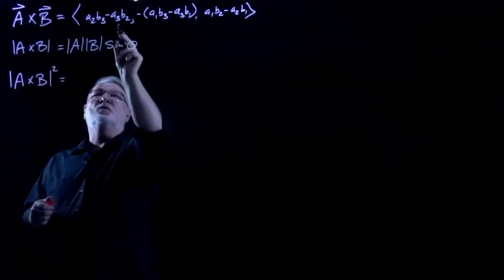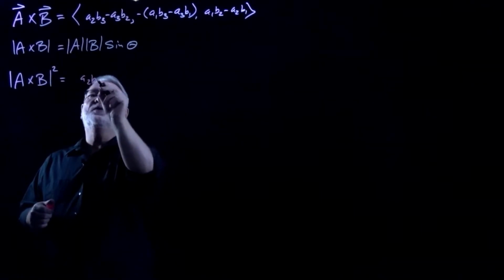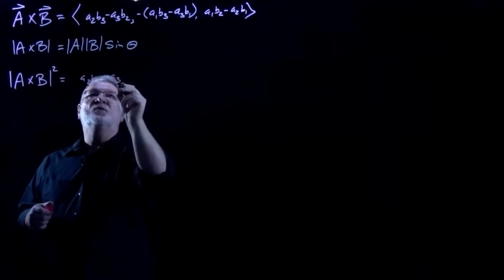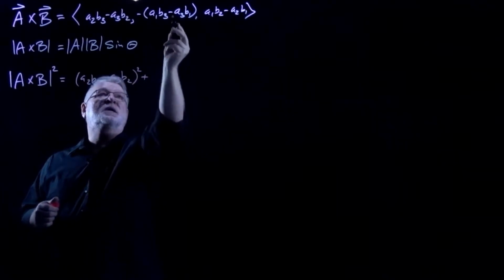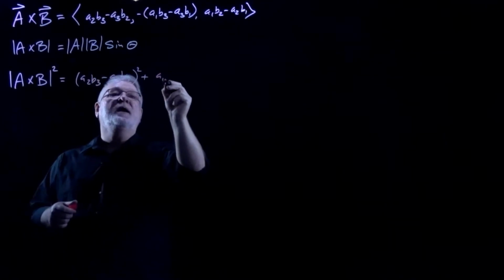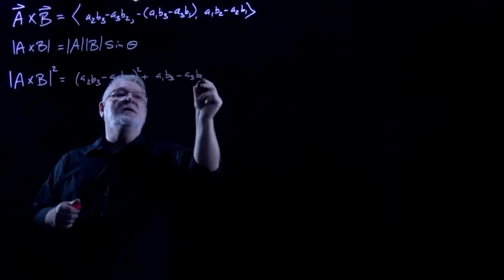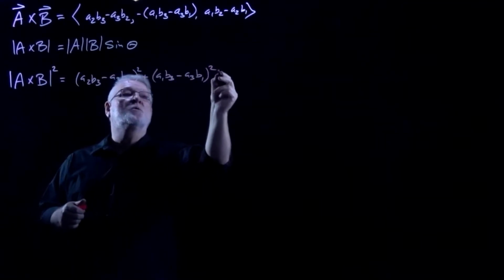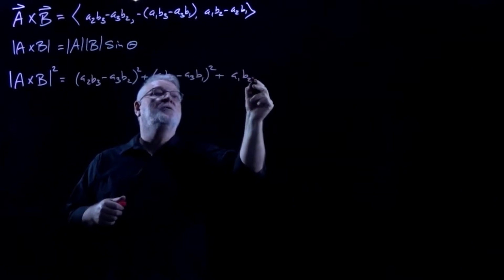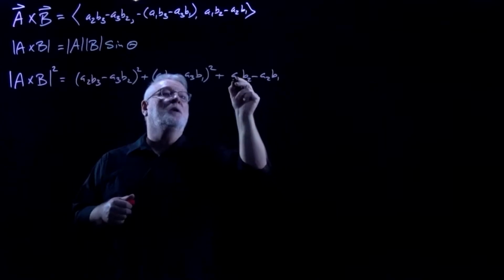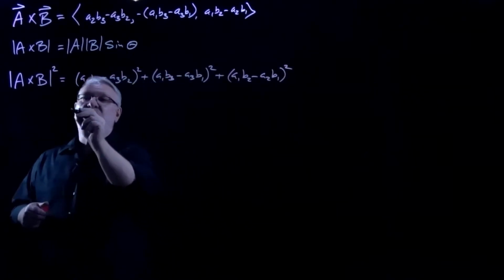So applying the cross product magnitude here, it's going to be (A2B3 minus A3B2) quantity squared plus, because I'll square away that negative, (A1B3 minus A3B1) also squared plus (A1B2 minus A2B1) quantity squared.